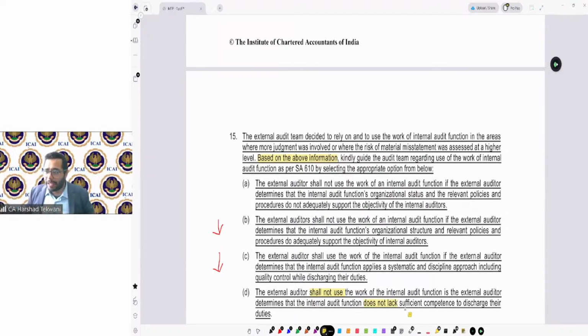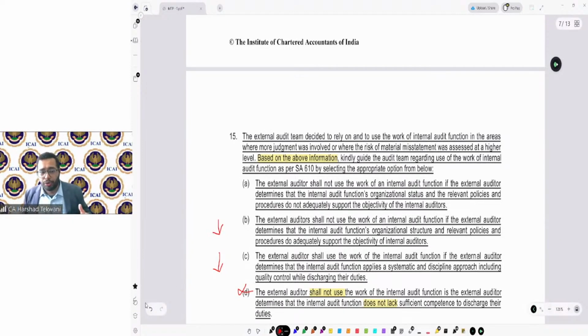If they lack something, at that point I can say, okay, let's not use the work of the internal audit function because they lack sufficient competency. But here it is said that they shall not use when they do not lack. That is the reverse. That by itself is not the appropriate option. In that case, I can easily mark it down. For sure, this is not the correct option.